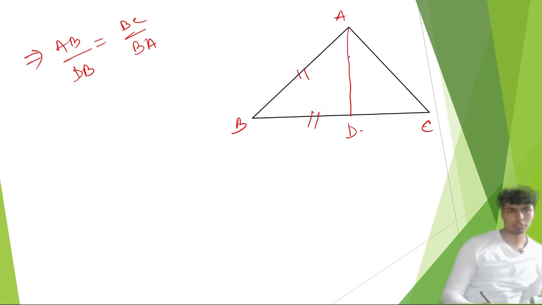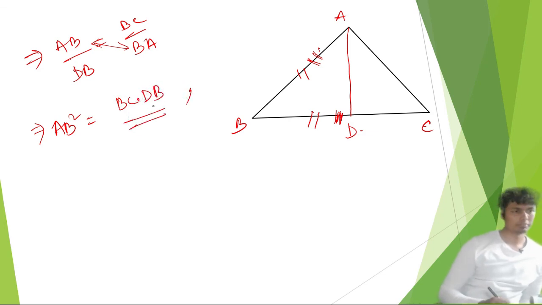Now if you cross multiply both, you get AB square is equal to BC into DB.